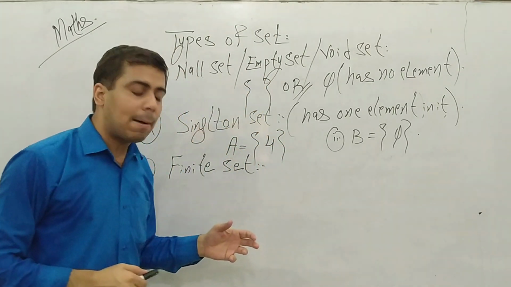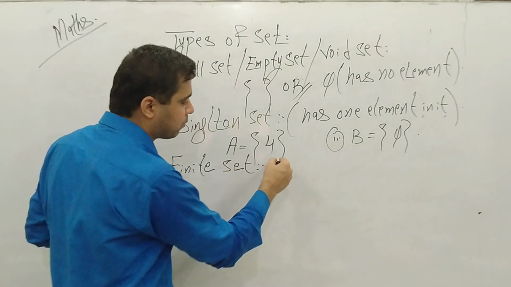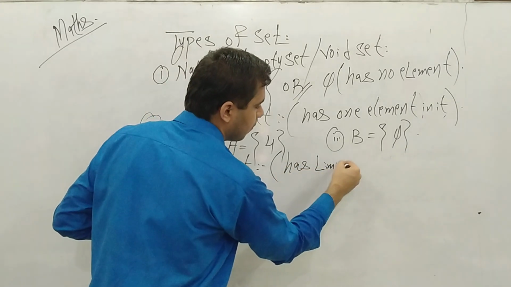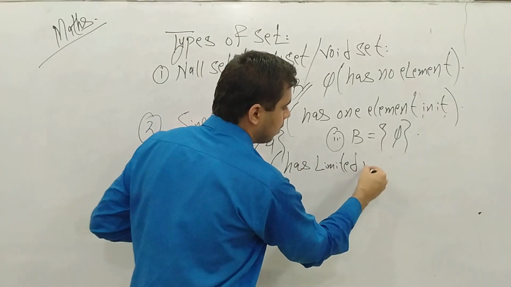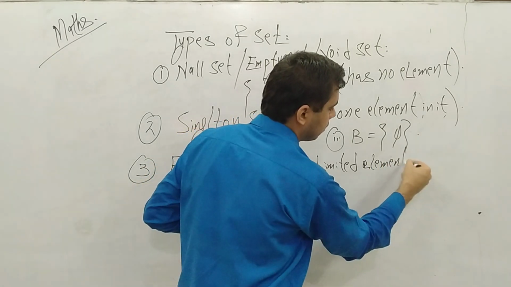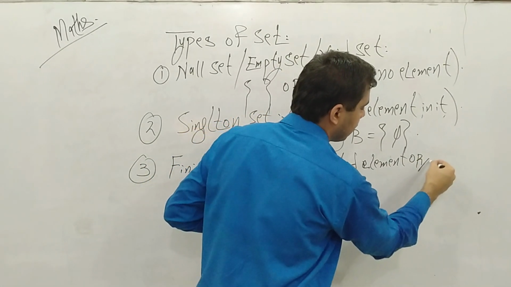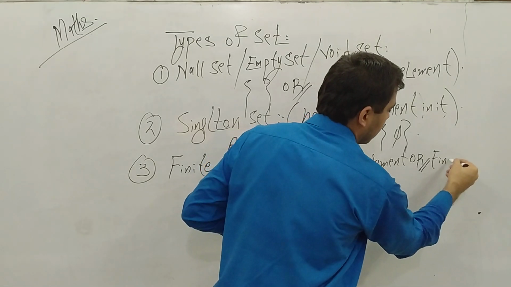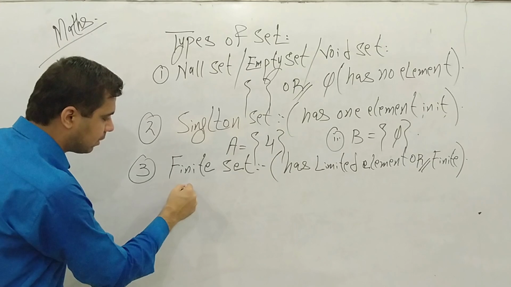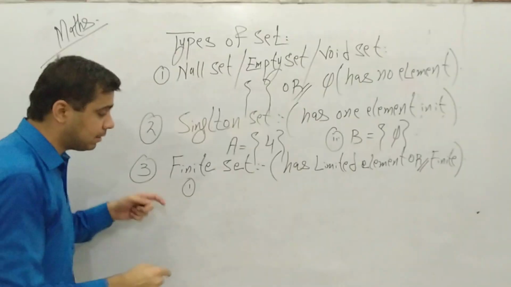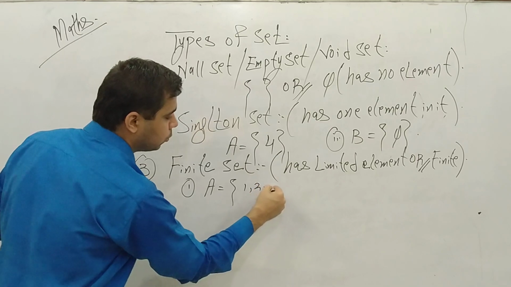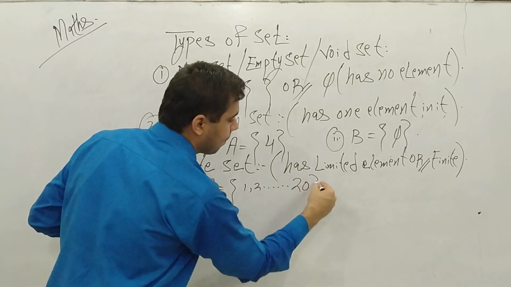Now take a look at the example of the finite set. First we write limited elements or finite elements. The first example given here is A equals 1, 2, 3 up to 20.